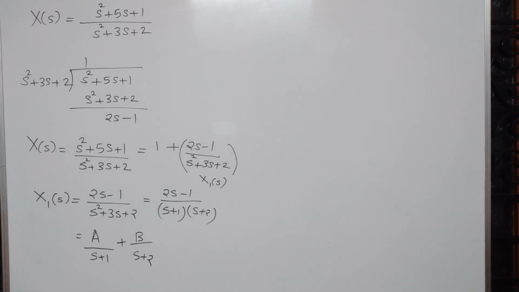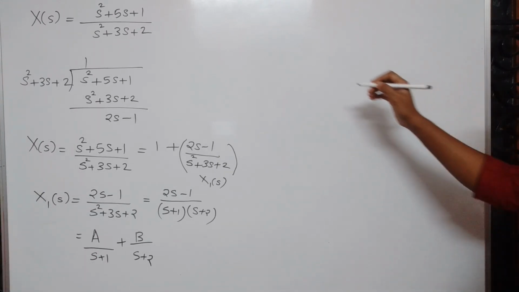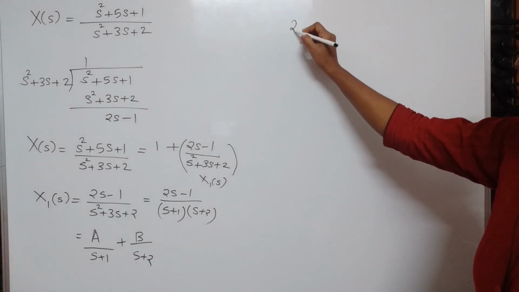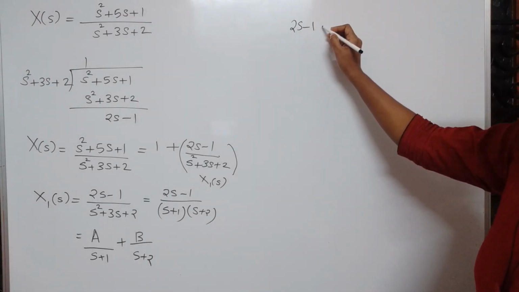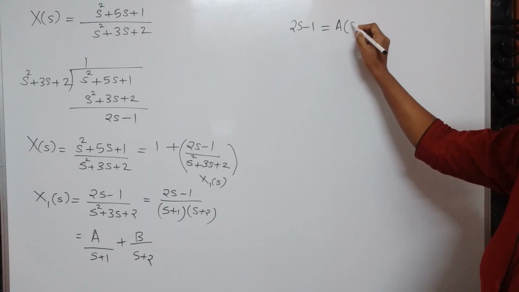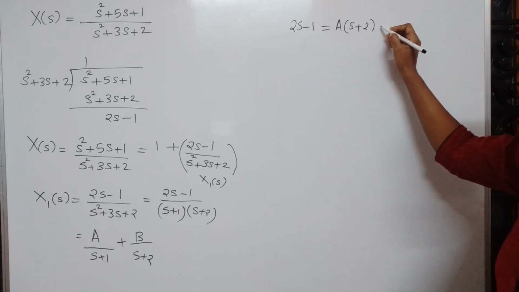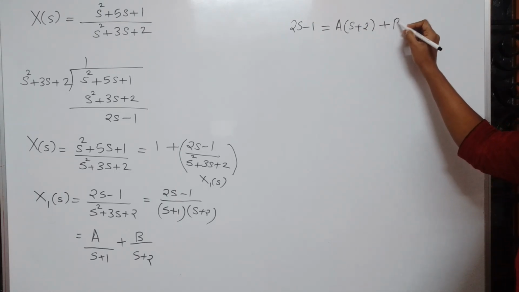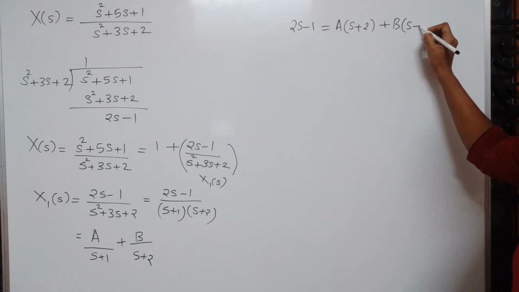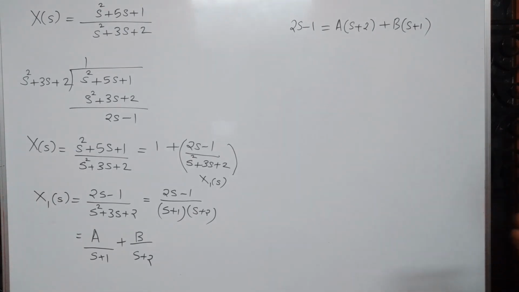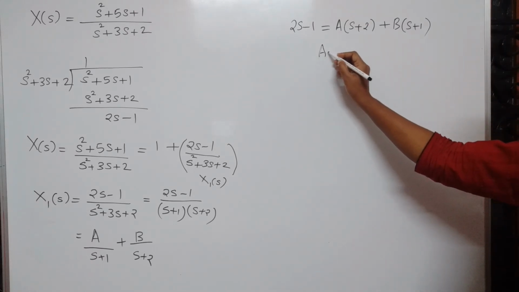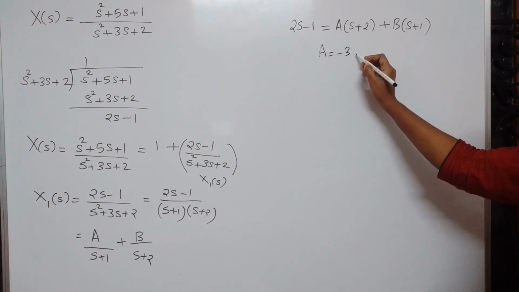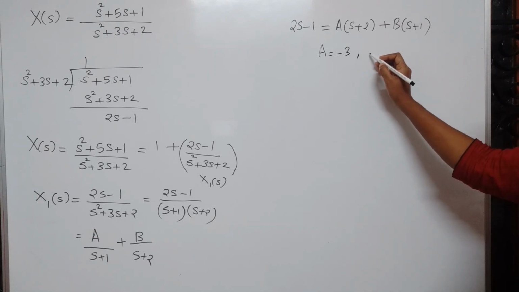Can equate the numerator. So we'll get 2s minus 1 equal to a into s plus 2 plus b into s plus 1. On solving this, we'll get a equal to minus 3 and b equal to 5.